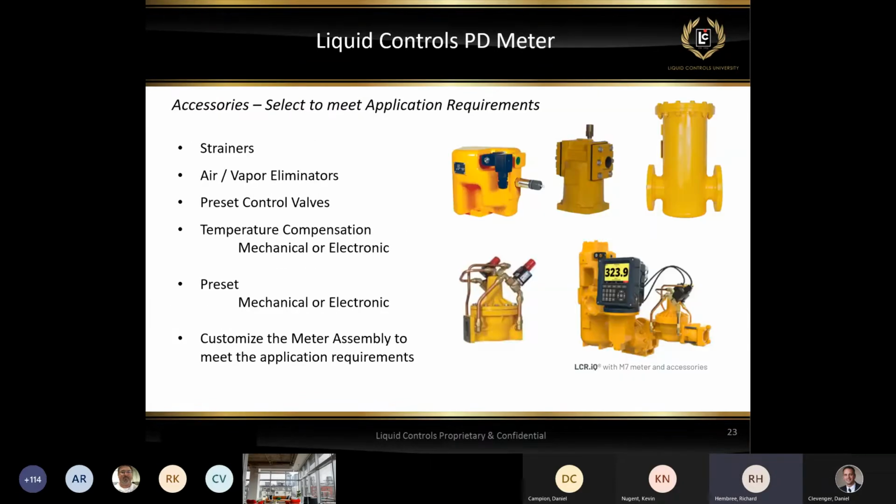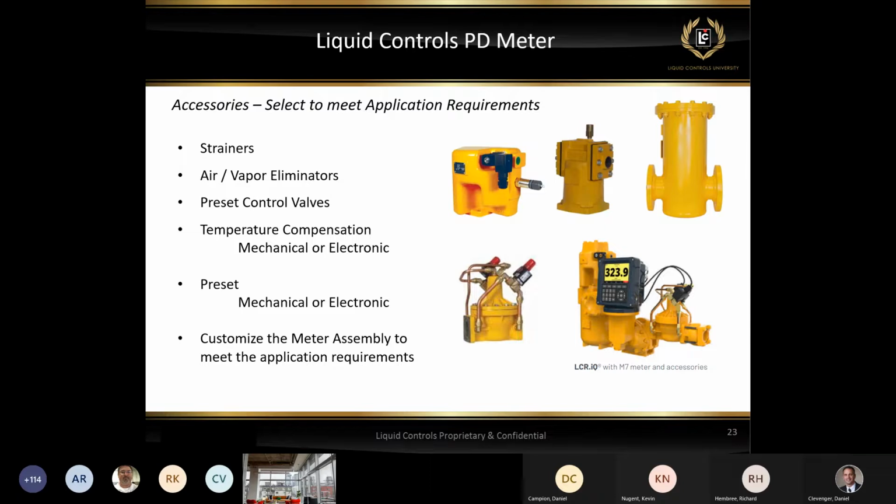Thank you, Rick. The accessories to meet the approval requirements, and the approval requirements are either established by ourselves as a manufacturer recommending, for instance, strainers to protect the meter, or air elimination systems that are used to meet weights and measures approval.